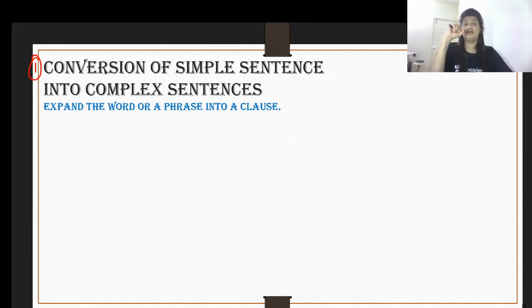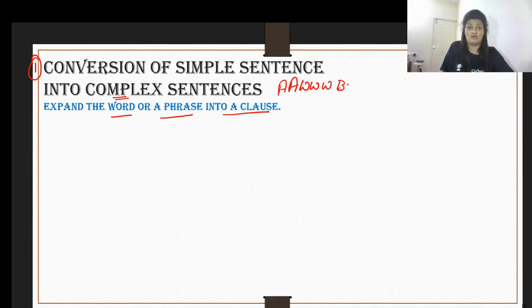Therefore, you will have to convert a single clause into two different clauses and also bring in subordinating conjunctions. How can you do that? Well, that's pretty easy. That is by expanding the word or a phrase into a clause. All you have to remember, if you are converting this into complex, is the acronym AUBISTA.